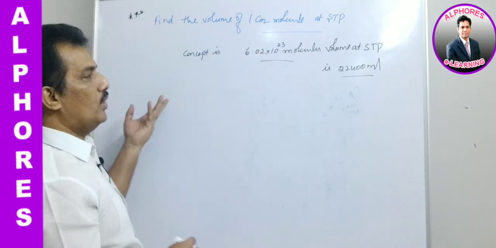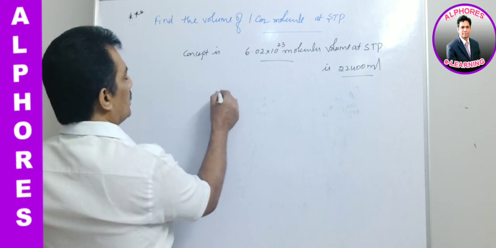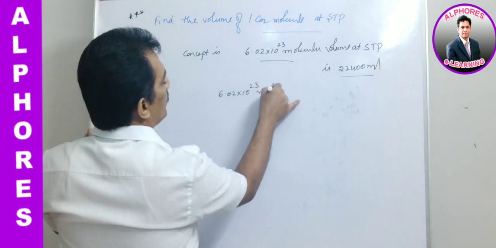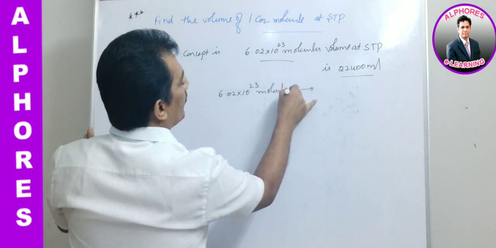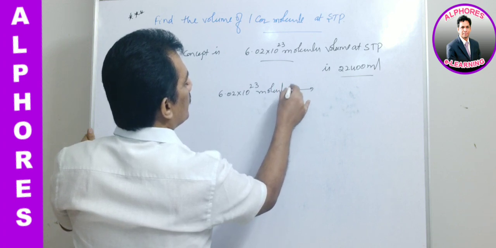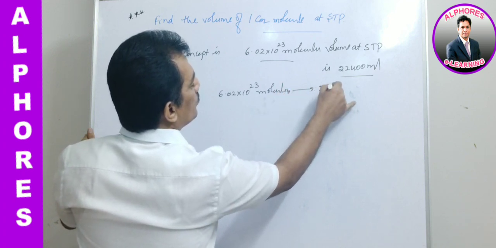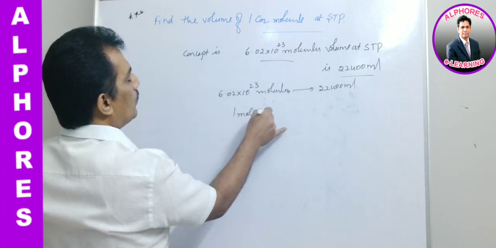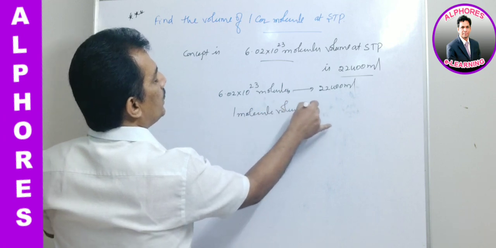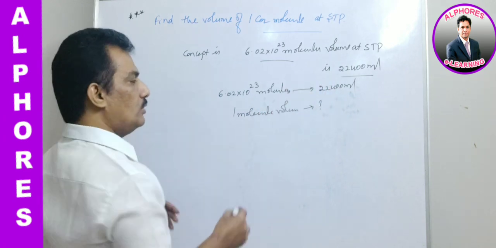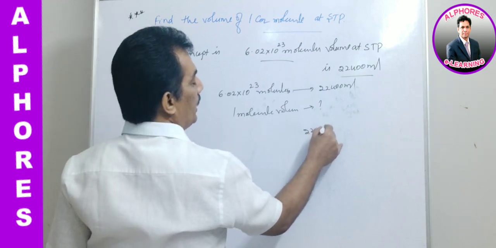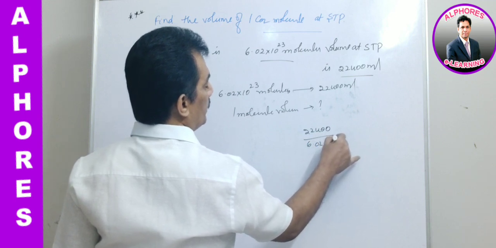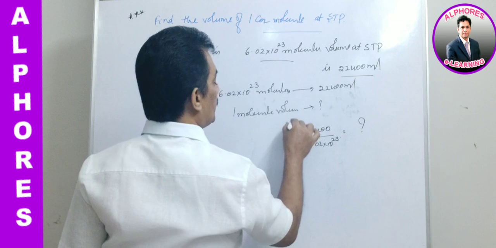I think now you got the idea how to solve this. Just because 6.02 into 10 to the power of 23 molecules occupy 22,400 ml, then one molecule volume is how much? Just 22,400 by 6.02 into 10 to the power of 23. Whatever you are getting, that is the answer.